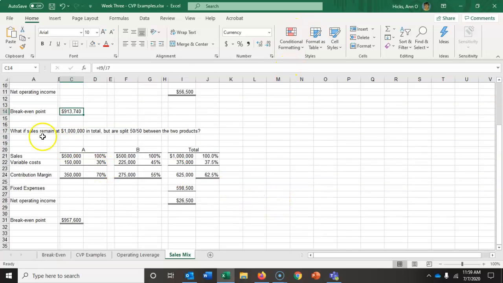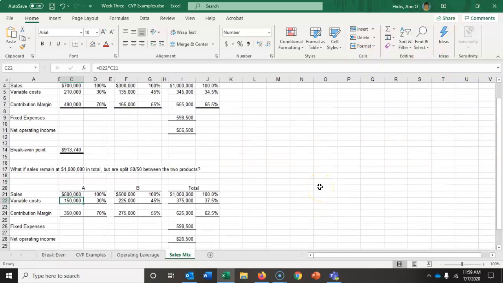Let's say total sales remain at $1 million, but instead of being 70-30, it's split 50-50. So product A now has sales of $500,000. Notice the variable costs are going to change because the variable cost percentage is 30% of sales.